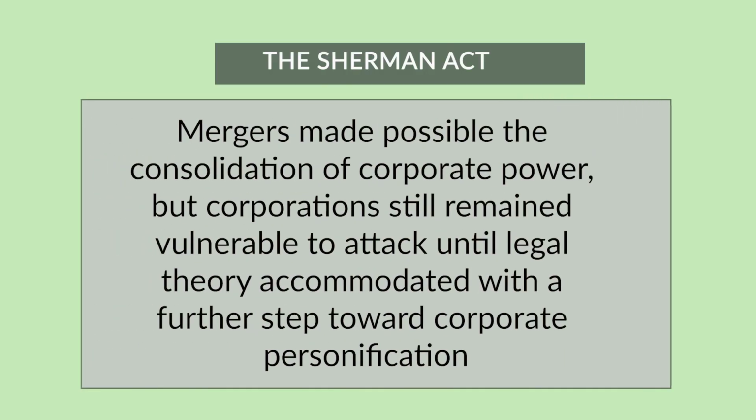Then we had the merger movements of 1890 to 1893 and 1898 to 1902, which are commonly interpreted as the business world's reaction to the policy of legal restrictions on pools or trusts. Mergers made possible the consolidation of corporate power.